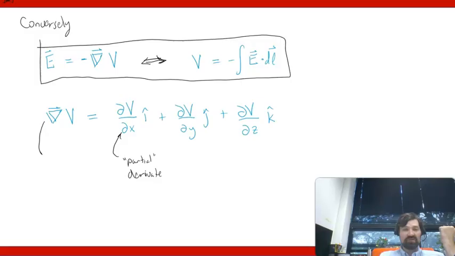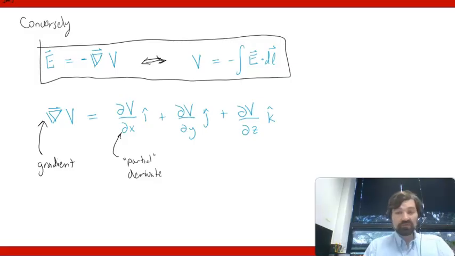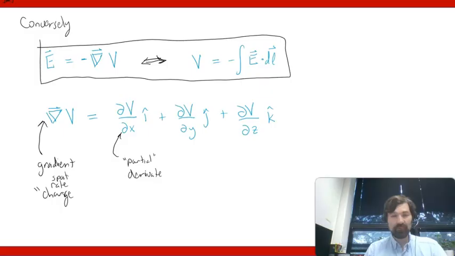This right here is what's called the gradient, or sometimes the gradient operator. So this whole thing would be gradient of V. This would be the gradient operator. You could think of the gradient as change, or rate of change, in the sense of rate being per unit space, so spatial rate, if you will, of the potential, or whatever it is that you're finding a gradient of.